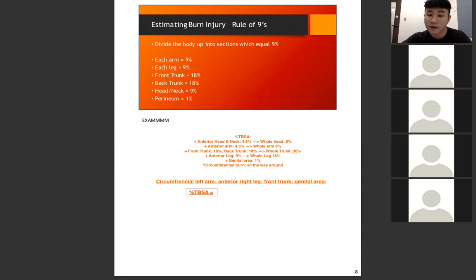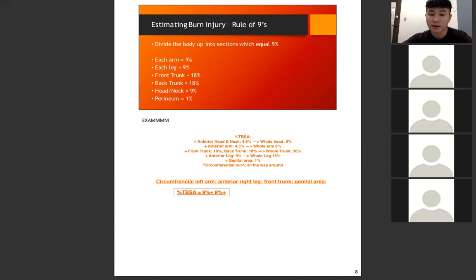Circumferential left arm: we know that the anterior arm is 4.5, so the circumferential left arm would be 9%, right? So 9% left arm. If she asks circumferential both arms, it will be 18. But here the question is circumferential left arm. So it'll be 9%, plus anterior right leg, which is 9% as well.